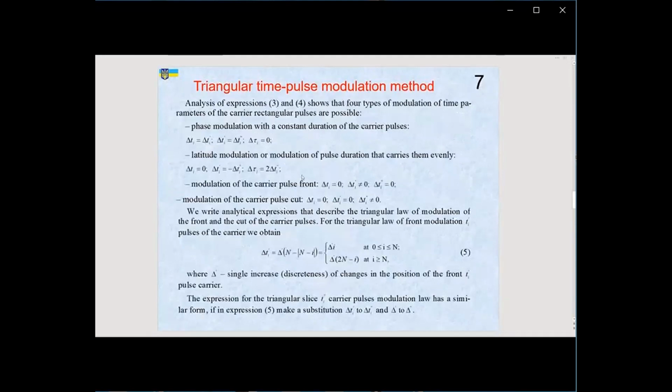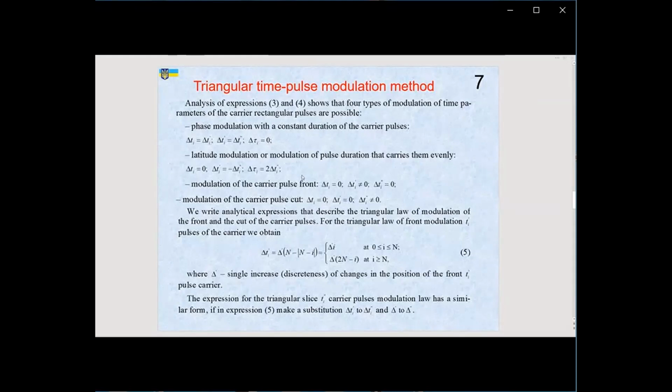Analysis of expressions 3 and 4 shows that four types of modulation of the time parameters of the carrier rectangular pulses are possible: phase modulation with a constant duration of the carrier pulses, width modulation, or modulation of pulse durations with the carrier pulses placed evenly, modulation of the carrier pulse front, and modulation of the carrier pulse cut.